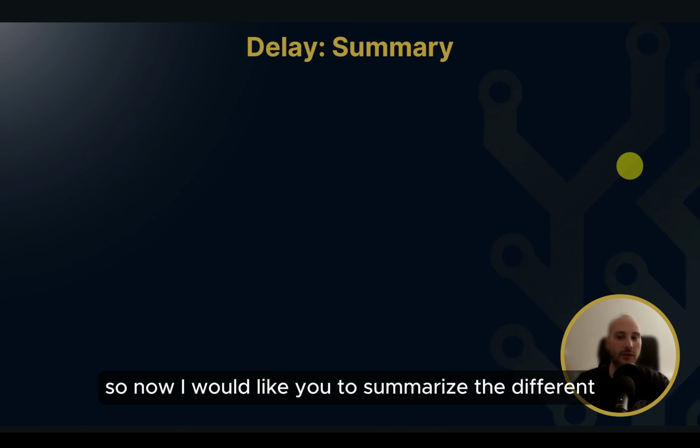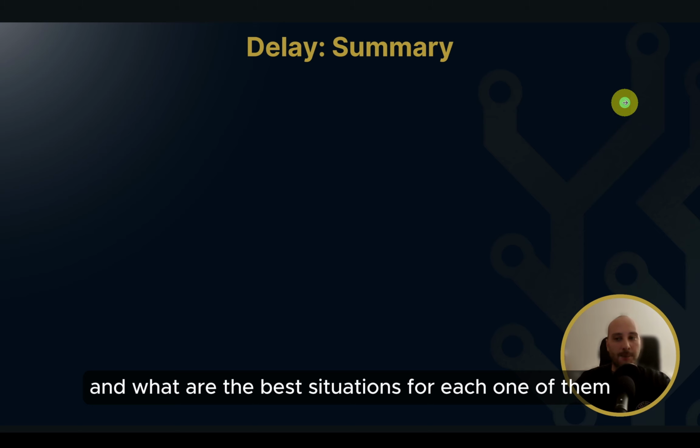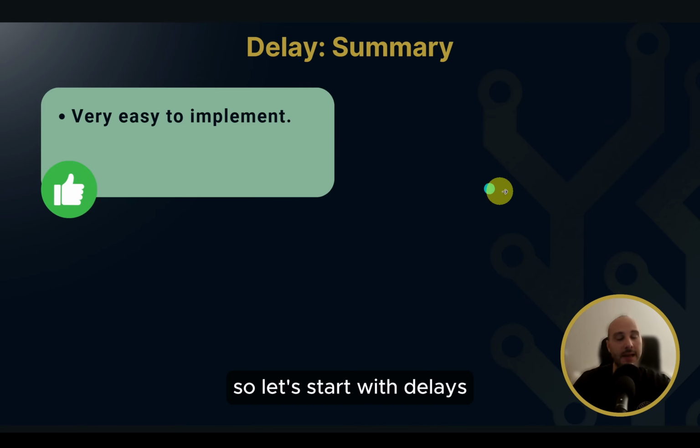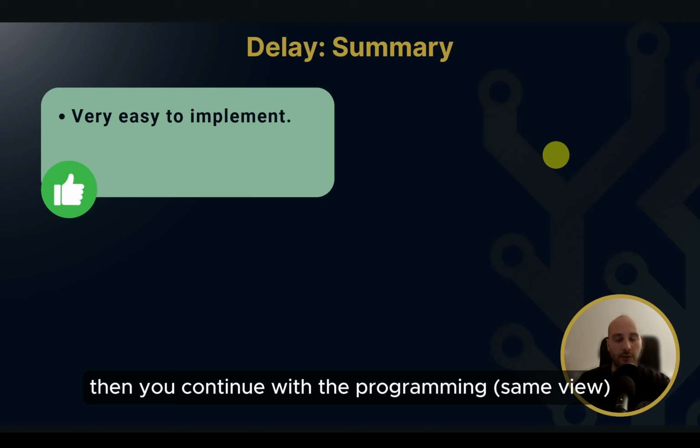So now I would like to summarize all the different methods with the pros, cons, and what is the best situation for each one of them. So let's start with delay. The delay advantage is that it is very easy to implement. You saw that it's very easy. You can set the time, drag and drop, then you continue the programming.